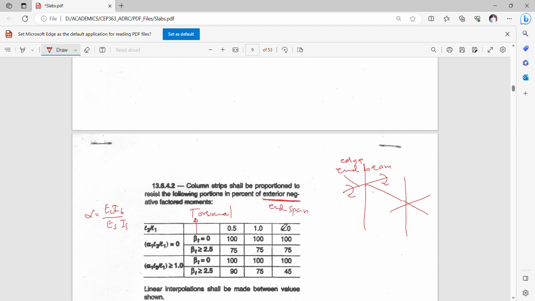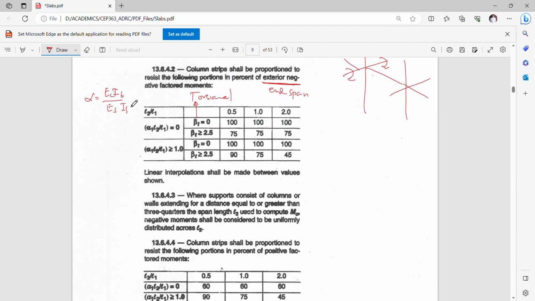So if you want to get the moment of inertia of the beam and the moment of inertia of the slab, then we have to do it the old way, the old school. But if you want to make an approximation, I think Ib can be approximated in terms of the I of the rectangular section, and just multiply a parameter in order to get the Ib, so as not to involve yourself doing a lot of computation with regards to alpha.